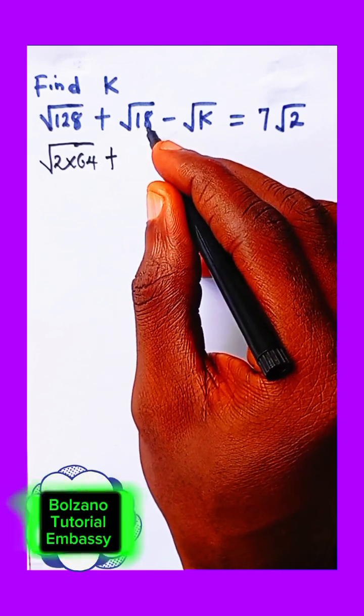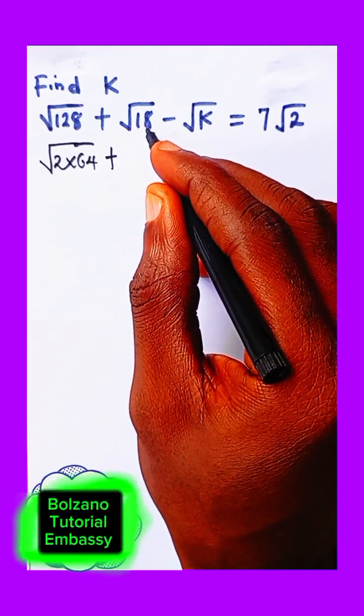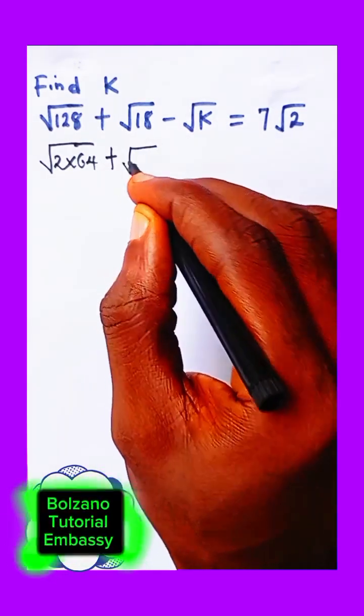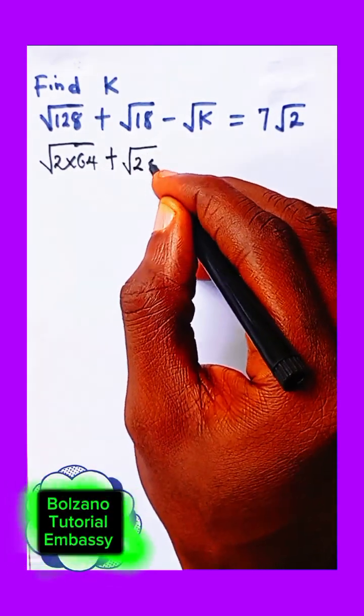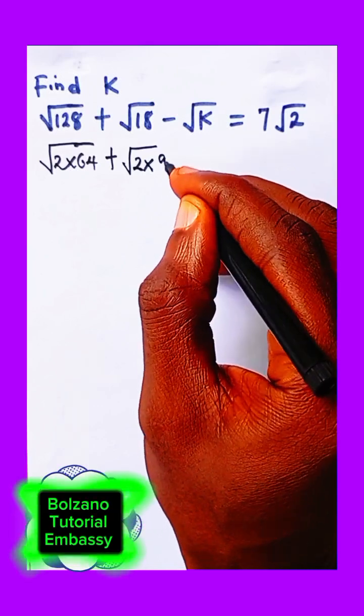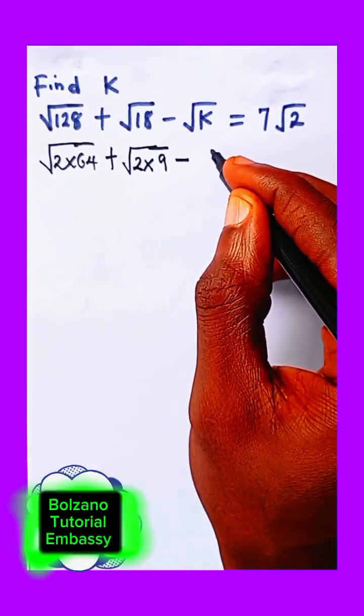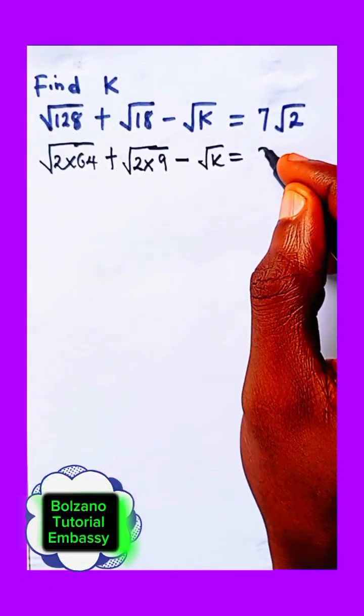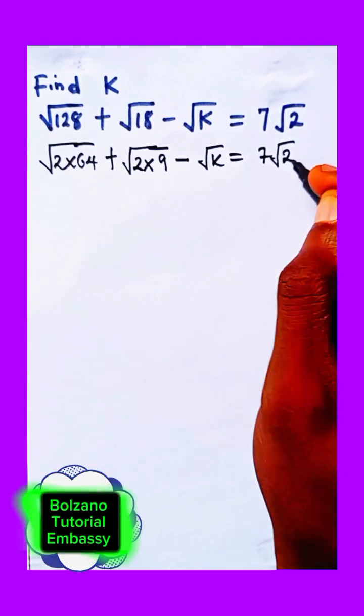18 is an even number, so 2 can divide it, so 2 is a factor times 9. 2 times 9 is 18, minus the square root of k equals 7 root 2.